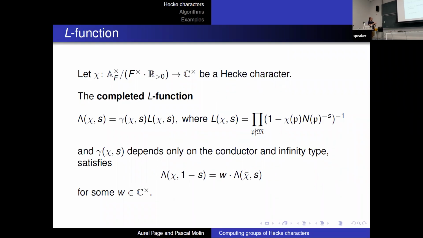And the function that you get here extends to the whole complex plane as a meromorphic function and satisfies a functional equation of that form. That's a theorem of Hecke, who gave his name to these characters, and that's one of the main interests of Hecke characters.